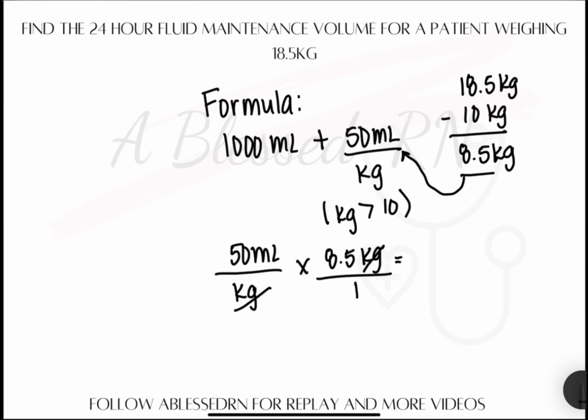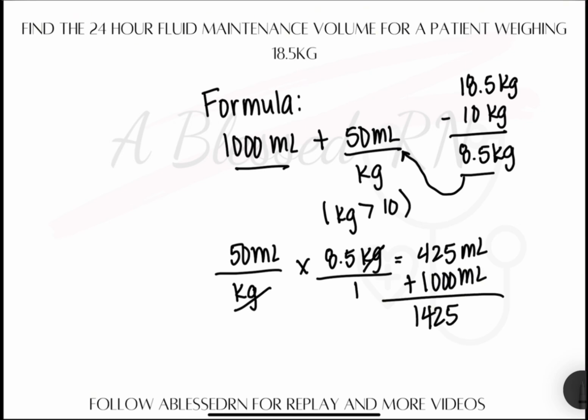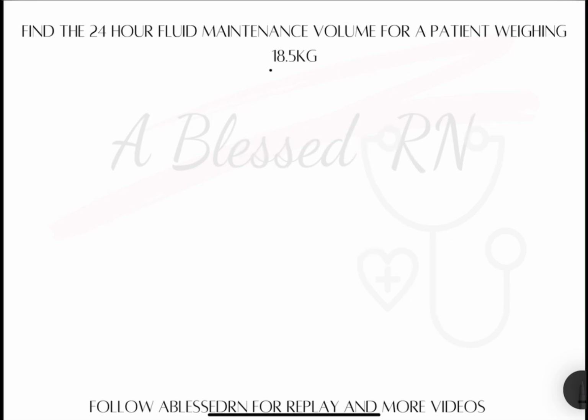So 50 times 8.5 is going to be 425 milliliters. So we'll take this amount and add the other part of the formula, which is your 1,000 milliliters. We'll add that together and we'll get your 1,425 milliliters per 24 hours.